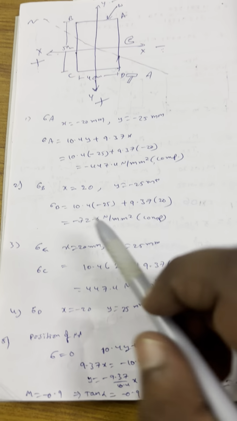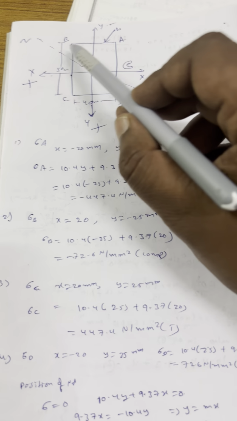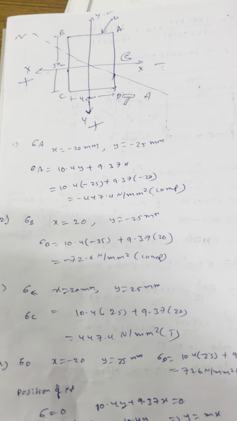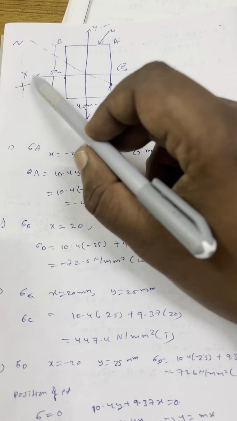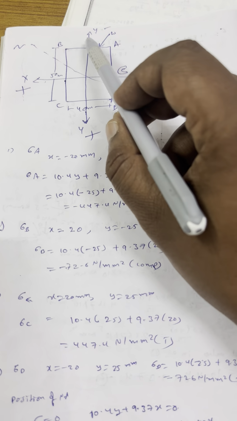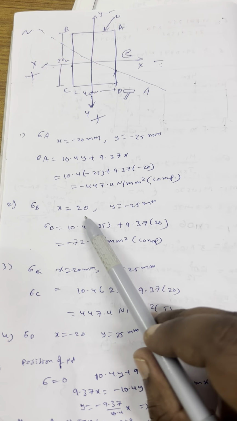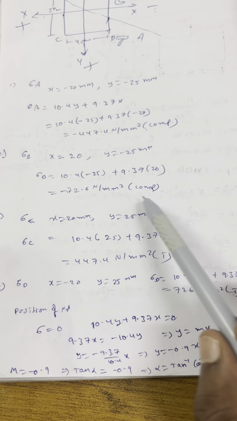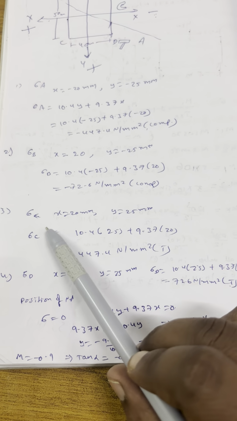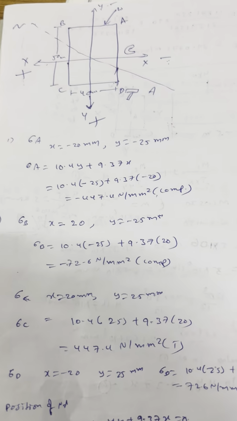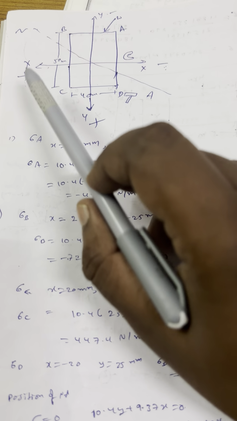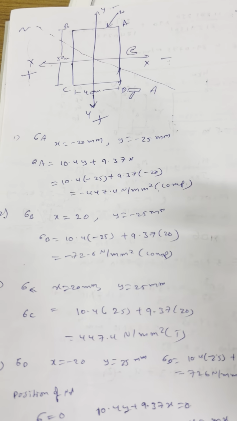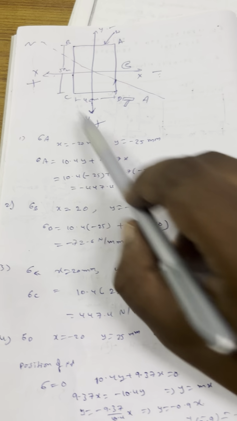Then next, sigma B. Where is B? Fourth quadrant. That means x equal to plus 20, y equal to minus 25. This will be minus, so compression. C is in the third quadrant, so x is plus 20, y is plus 25.